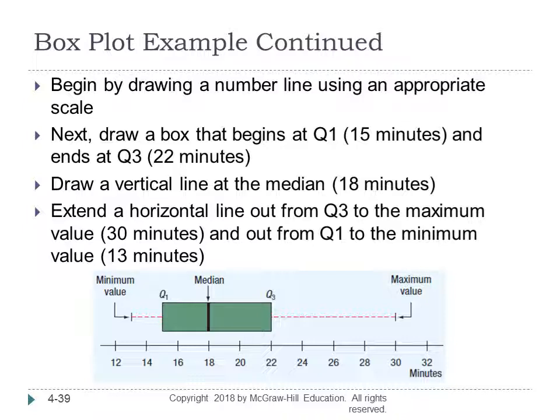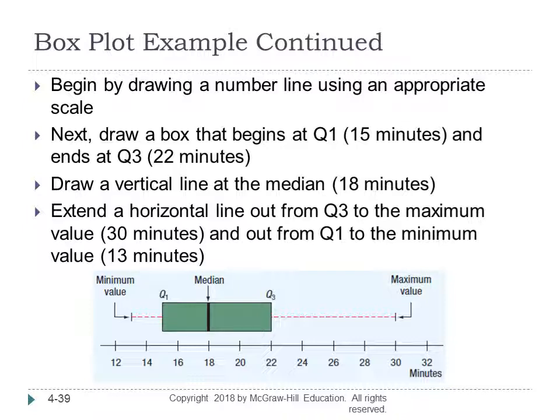You need to start with a scale that is appropriate for the data, and it covers all the data. Starting with the box, you first mark the values for Q1 and Q3. Your box will start at Q1 and end at Q3.